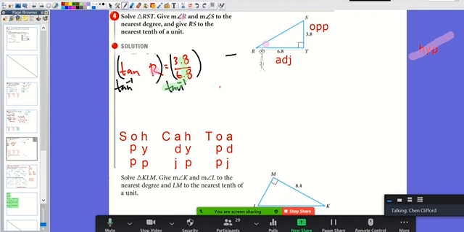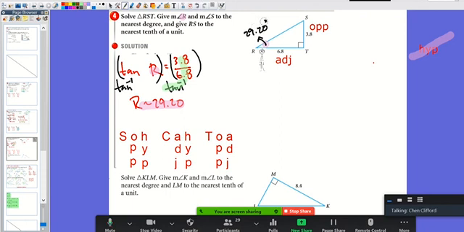So R is 29.20. Okay? So 29.20 is R. Now, if this is 29.20, here's actually the alternate way I was going to teach you earlier.